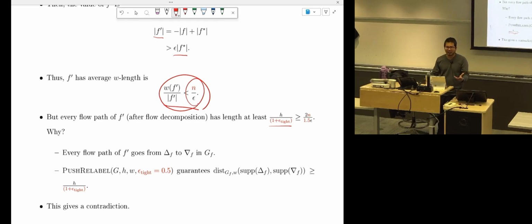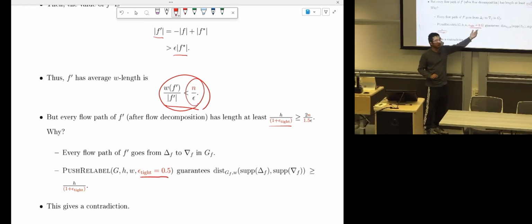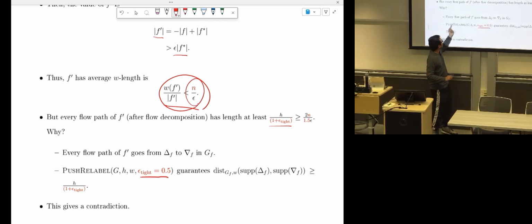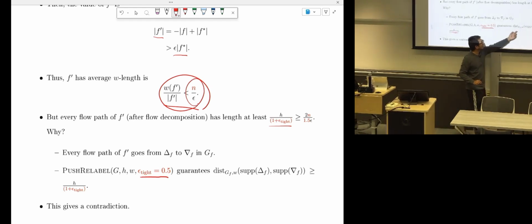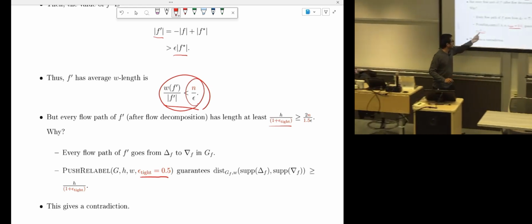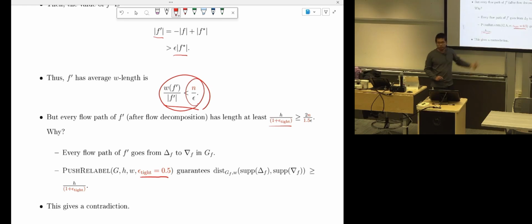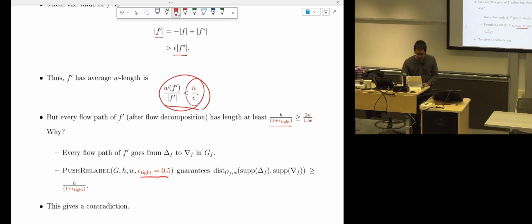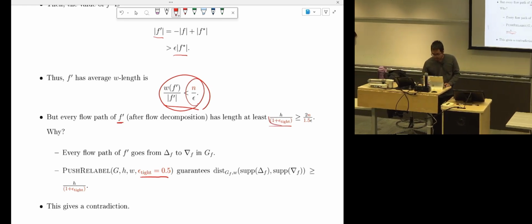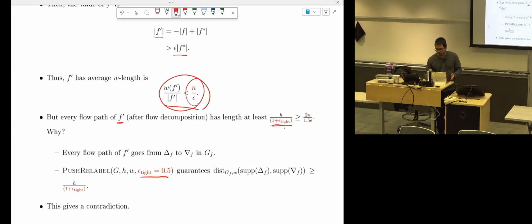We pay some slack here because we just use push-relabel with the approximate tight edge data structure, right? So push-relabel only guarantees that the distance from the source to the sink is at least h over some slack, which means that every path here must have length at least h over this slack. But you don't need this slack to be so small.